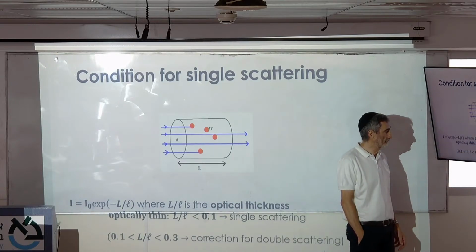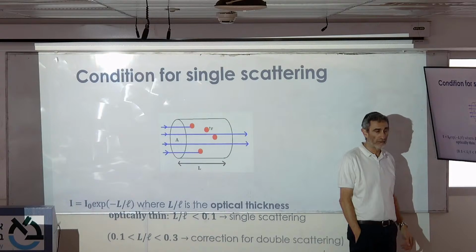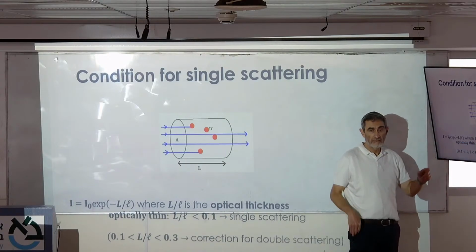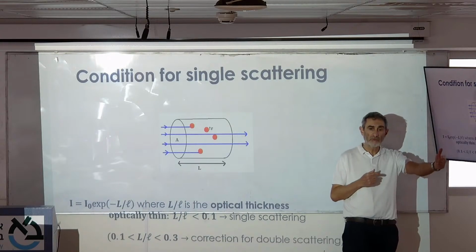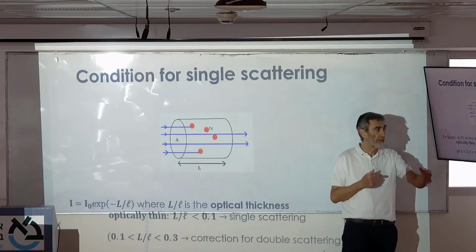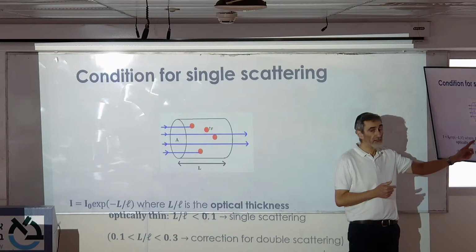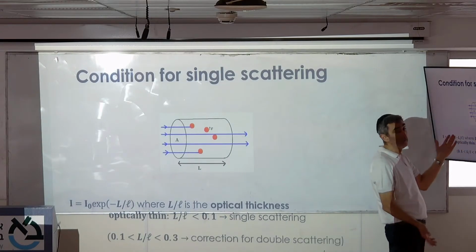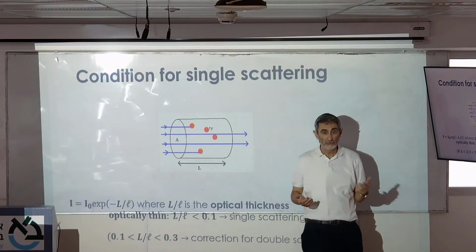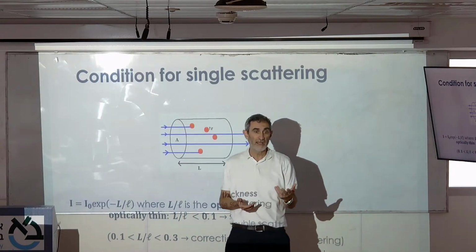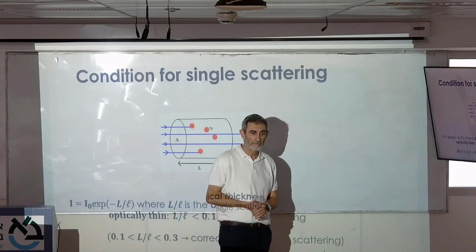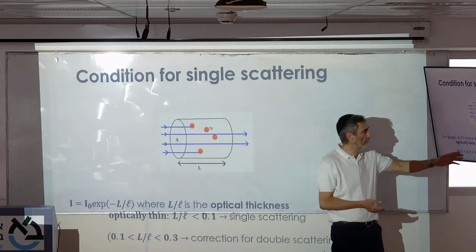This is the condition for single scattering, because small l is the distance between two consecutive scatterings. If small l is much larger than big L, that means you never encounter a scatterer twice, the light is never scattered twice.